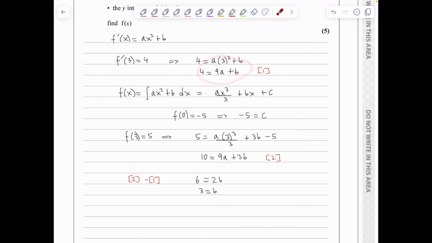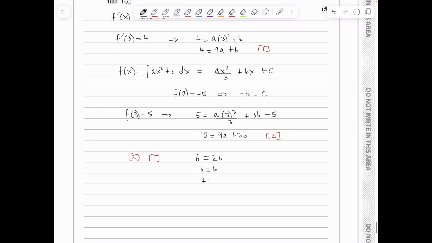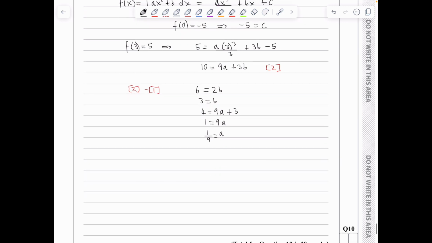So we get that 4 is equal to 9a plus 3, leading to 1 is 9a, and therefore a is a 9th. So the only thing missing is for me to write the full expression for f of x. So we have that f of x is 1 over 9 times x cubed over 3 plus 3x minus 5, which of course simplifies to x cubed over 27 plus 3x minus 5.